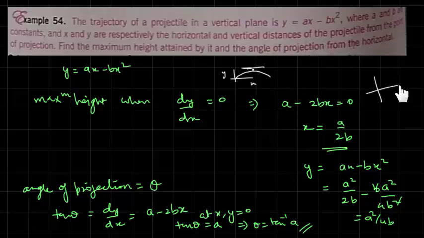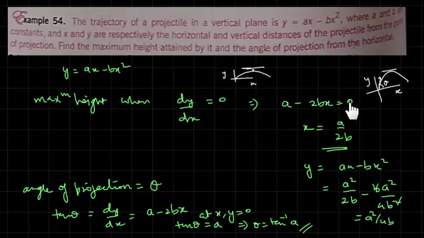So once more, if this is the y and x trajectory, then dy/dx is 0 at the maximum height, and dy/dx at x and y equal to 0 will give you tan theta. And how do we know dy/dx at x and y equal to 0? When we differentiate this, we get dy/dx is equal to a minus 2bx, and a minus 2bx is tan theta basically at any point.